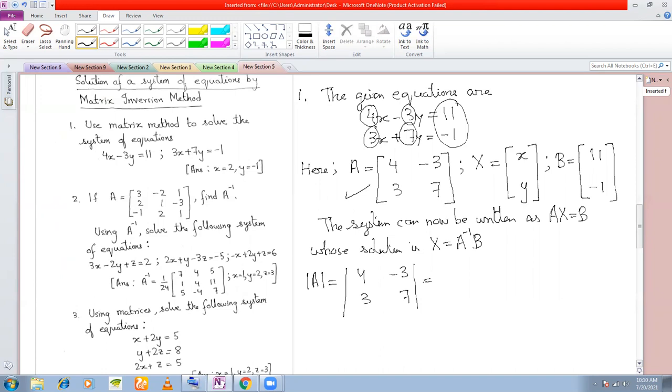The determinant value of A, you compute it to be 37, which is not equal to 0.